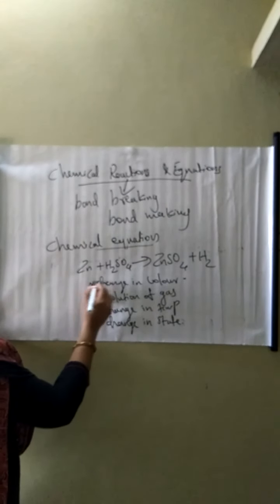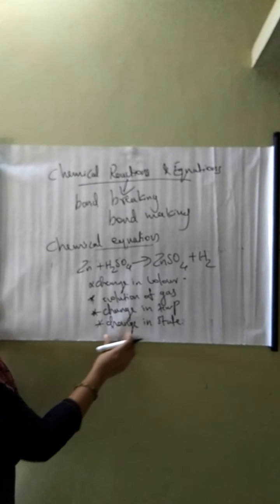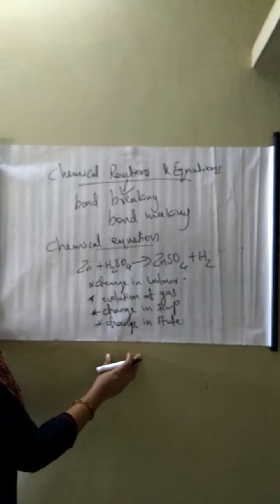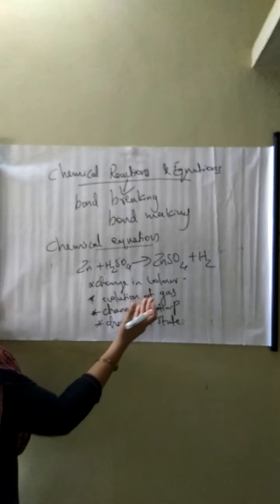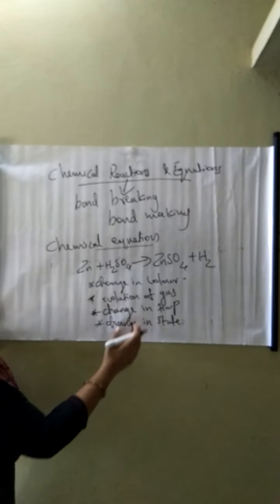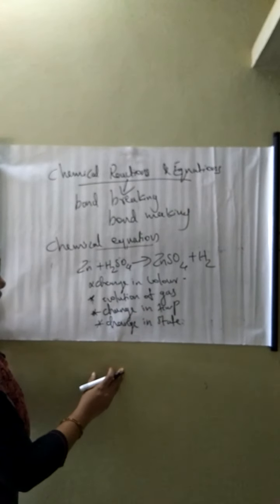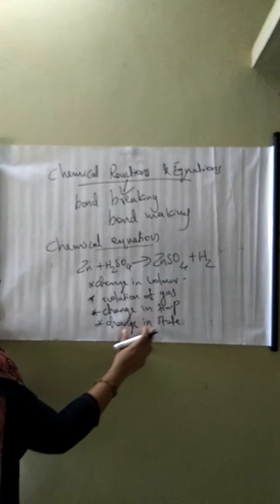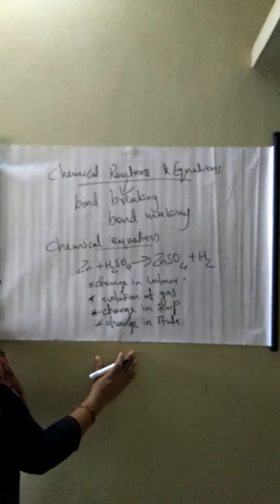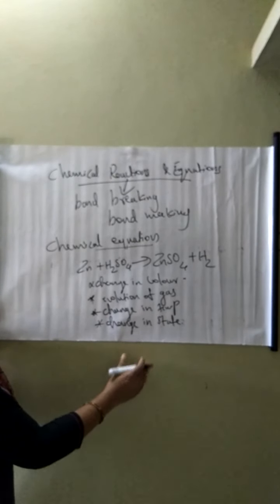So these are the characteristics of a chemical reaction. In some reactions gas will evolve, in some reactions temperature changes, and the state of reactants and products also changes.